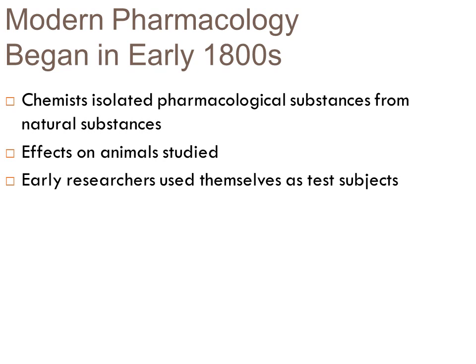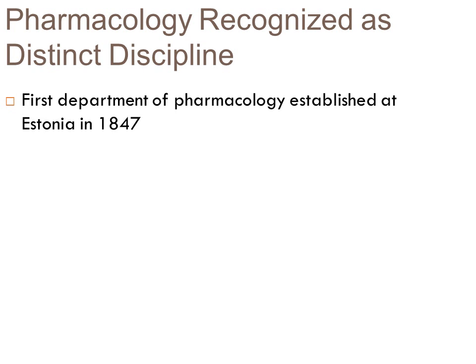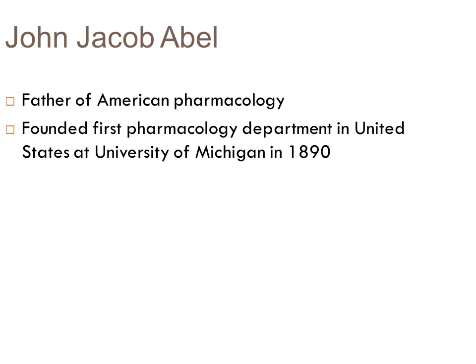And a lot of times researchers were their own guinea pigs. First Department of Pharmacology established in Estonia, which is over in the European continent, in 1847. And as far as Americans, we've got John Jacob Abel, who started it here at the University of Michigan.